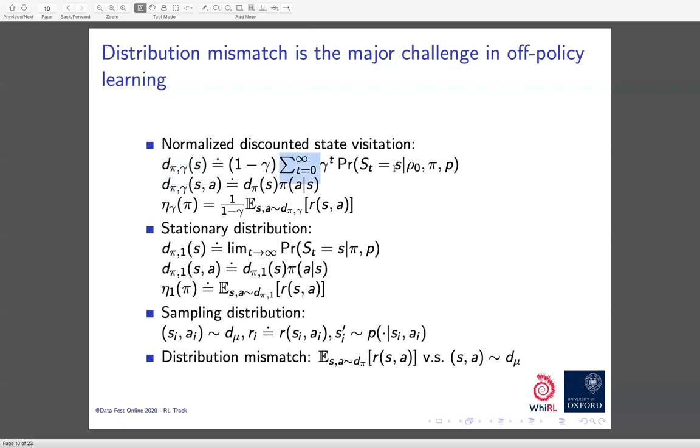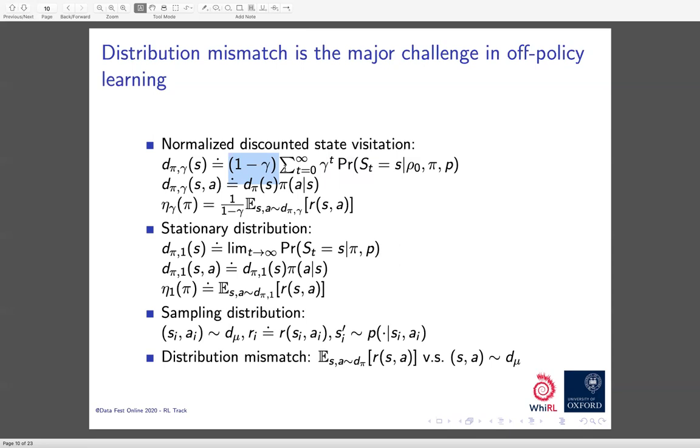So we have this summation of visitation probability. Then we discount them by gamma to the t because our objective, our performance metric, is discounted in this way. So we also discount the state visitation and we normalize it by this factor 1 minus gamma.